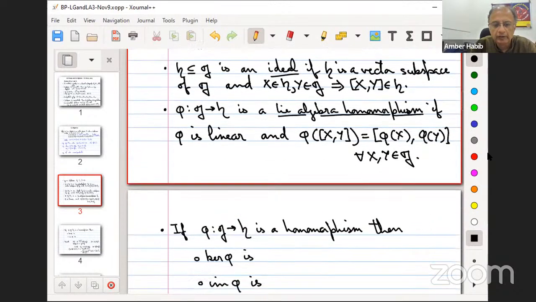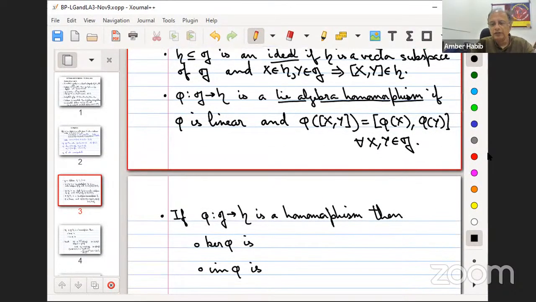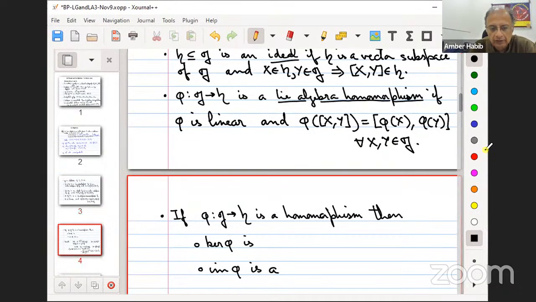Now, if you have a Lie algebra homomorphism, then we look at the kernel and the image. Okay. And it would be easy to see that both of them are Lie subalgebras. So image of phi will be a Lie subalgebra of H. Kernel of phi would be a Lie subalgebra of G, but actually it turns out to be stronger. To be more than that, it actually turns out to be an ideal.